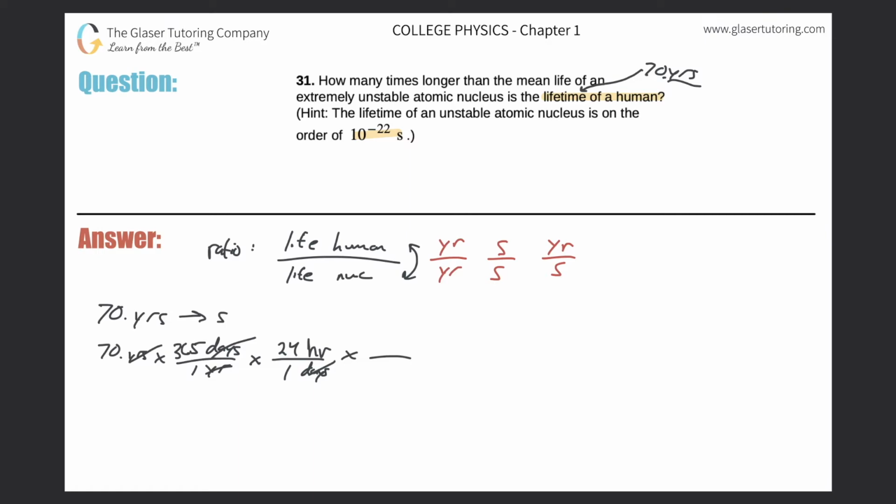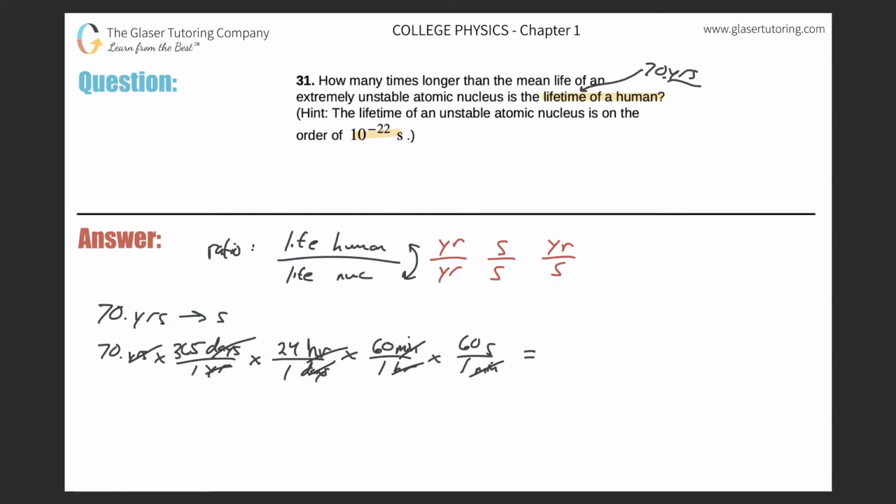Then hours must go on the bottom so the units cancel. And now I can make the following logical leap, right? Because I know how many minutes there are in an hour, 60 minutes in an hour. And then last but not least, I do know the relationship between seconds and minutes, 60 seconds in a minute. And now look, if you notice all the units have canceled, what's left would be seconds. So once I do this calculation, I will find the number of seconds there are in 70 years.